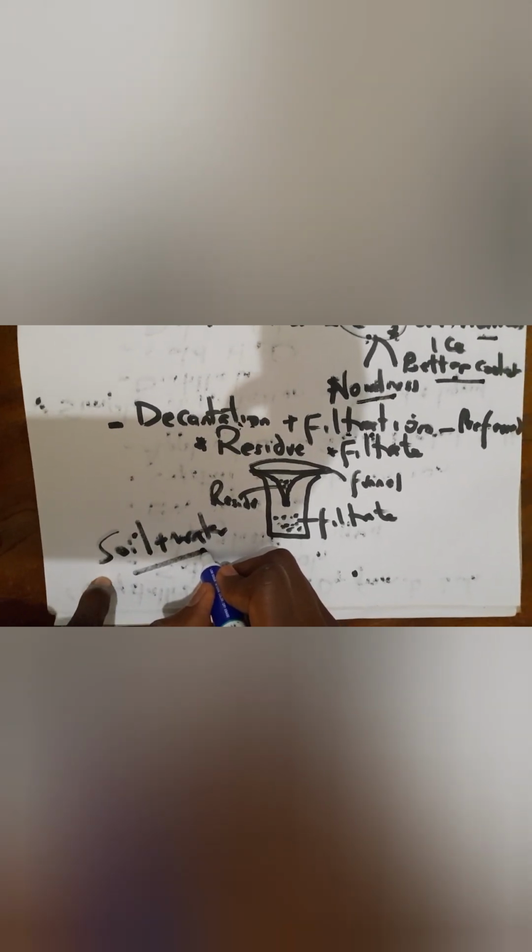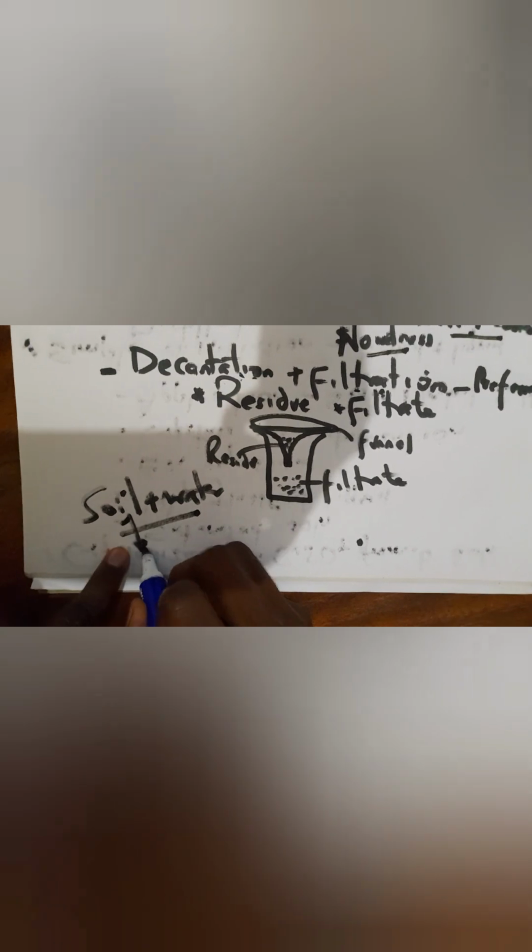So they are called insoluble solid-liquid mixtures, because we also have others which are soluble. The soil is a solid. Water is the liquid, and therefore these two are solid-liquid mixtures.